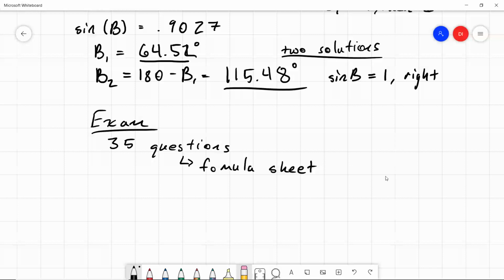The material goes from 7.3, which is inverse functions, and goes all the way to, well, it skips chapter 8, and goes all the way through chapter 9. So 7.3 to the end, skips chapter 8, and then goes through chapter 9.